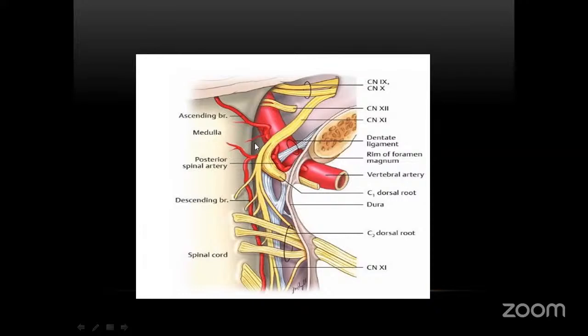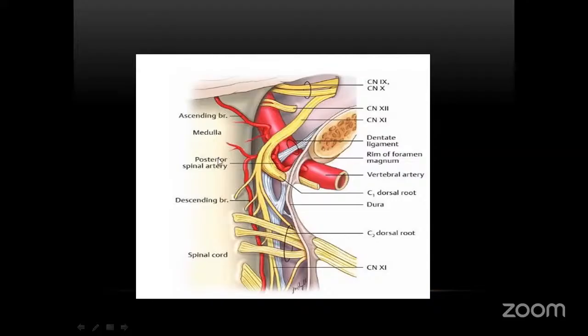Our target will be at 90 degrees, and we will directly hit the posterior lateral sulcus. But simultaneously, we are also visualizing the anterior part, and if you go upward, we can see upward. But you should know the structures.